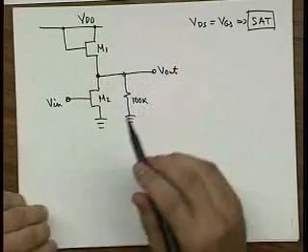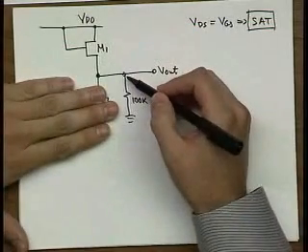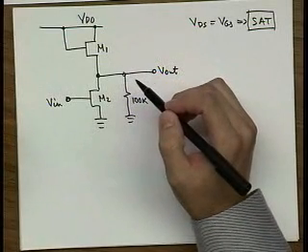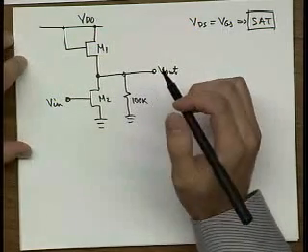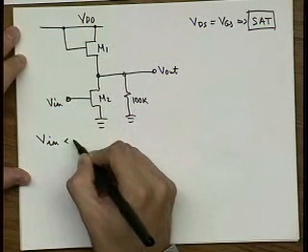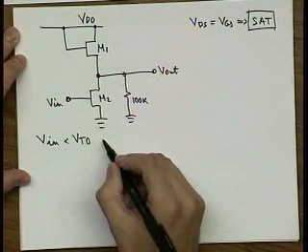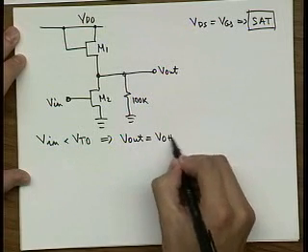For VOH, if I assume this is turned off, then I have this voltage divider, so VOL is going to be higher. But let me assume that VOL, for the first approximation, is sufficiently low that I can assume that my M2 is cut off. So let's make an assumption that Vin is less than VT0 of this M2. And in that case, our Vout will be equal to VOH.